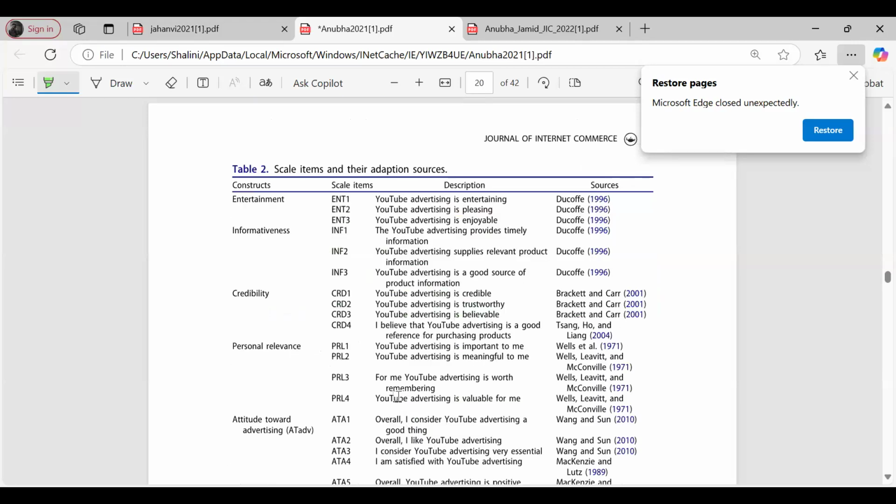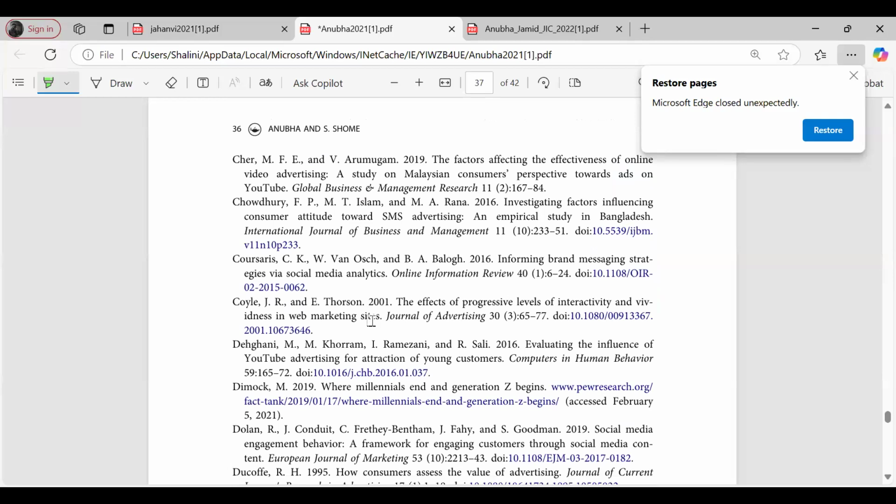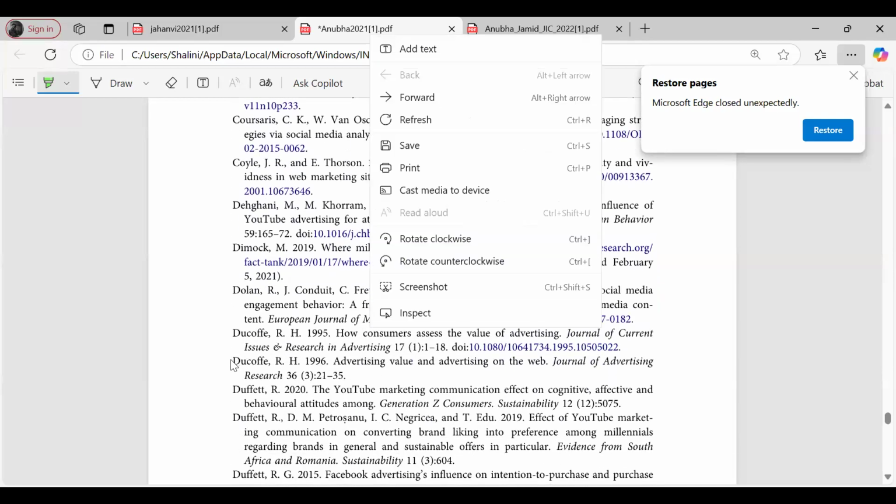So you will directly go to table 2 and you will find: YouTube advertising is entertaining, YouTube advertising is pleasing, it is enjoyable. So entertainment is a construct. These are the scale items, ENT1, ENT2, ENT3, and the source. Now this source, if you want to take, here it is given Duke.